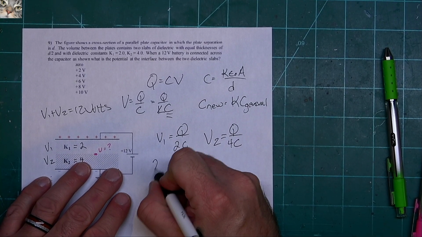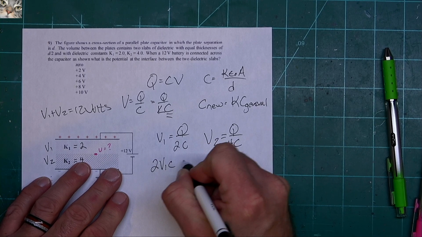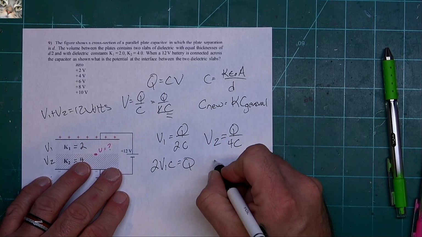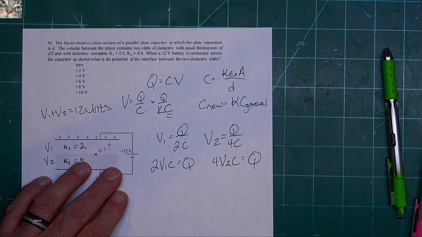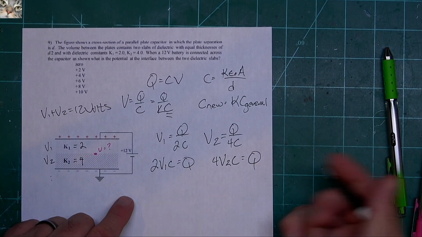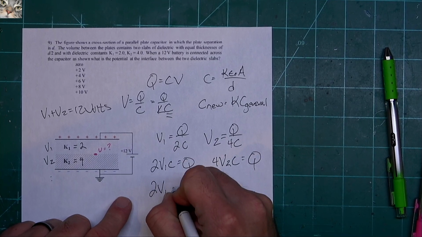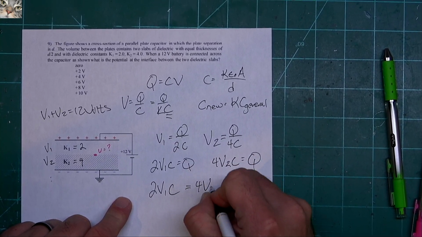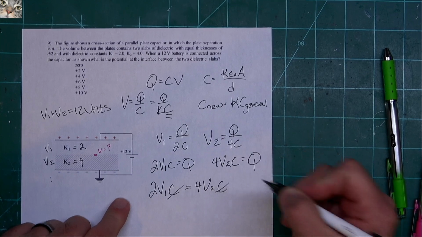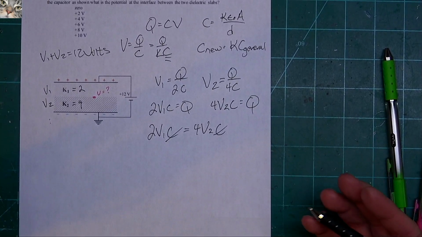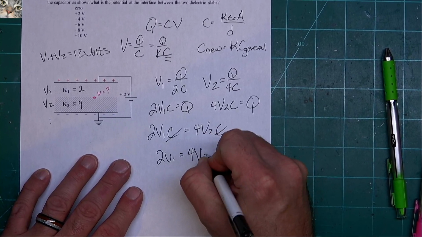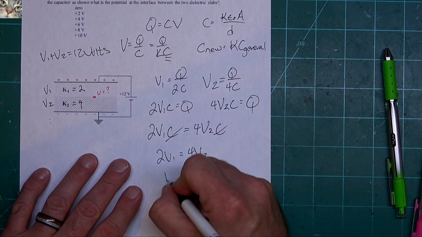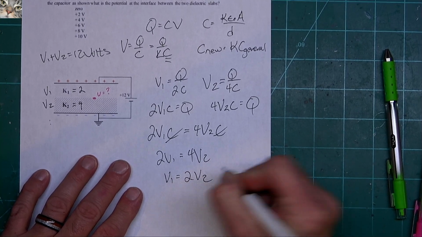Or 2V1C is equal to Q, and 4V2C is equal to Q. Well, the charges have to be equal, so I can now set this equal. 2V1C equals 4V2C. The capacitance is equal, because of the material property. So 2V1 equals 4V2, or V1 equals 2V2.